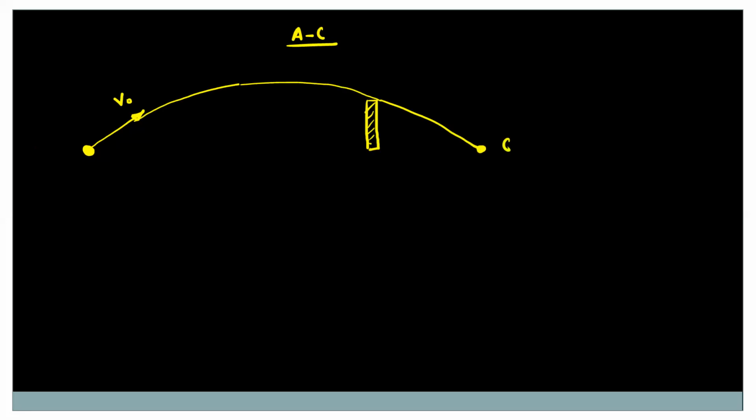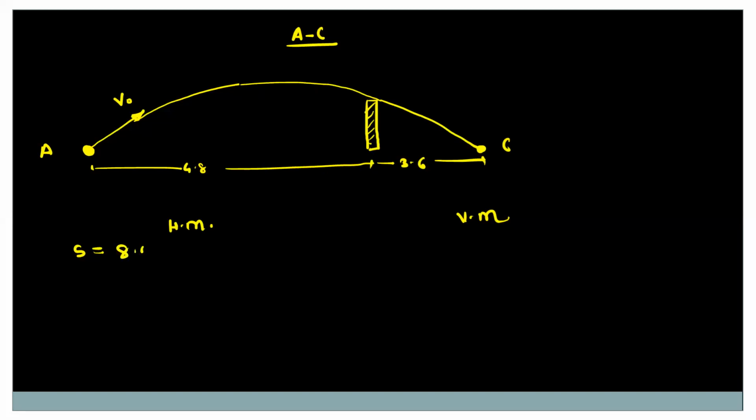So this is point C, this is the starting point. Okay, this distance is equal to 4.8 and this is equal to 3.6 meter. Okay, so for A to C motion, again split that motion into horizontal and vertical motion. So for the horizontal motion from point A to C, the total displacement S is equal to 4.8 plus 3.6 meter. Okay, so that is equal to 8.4 meter.